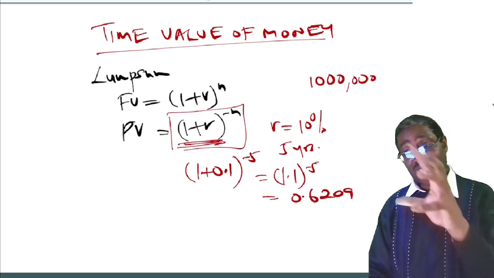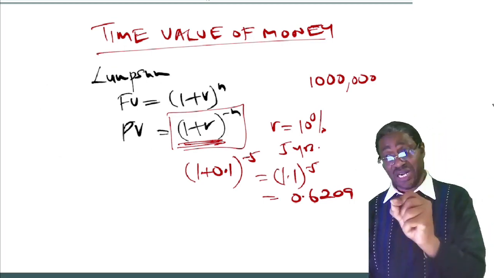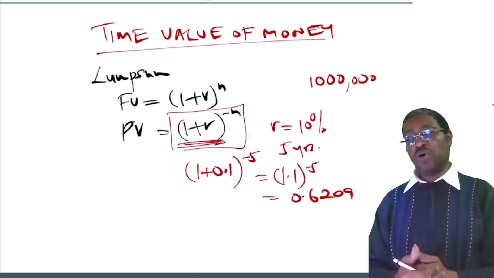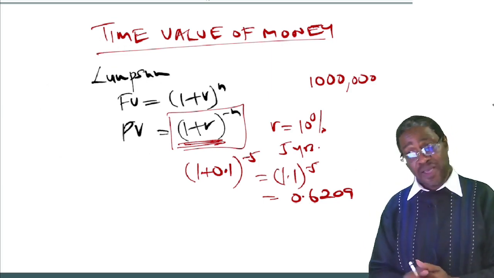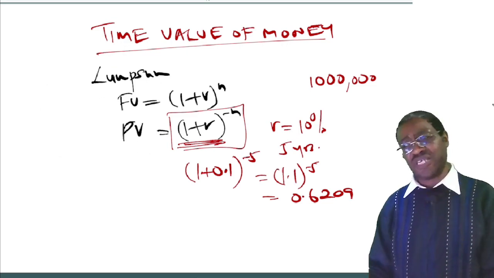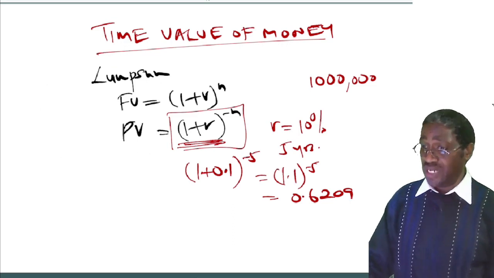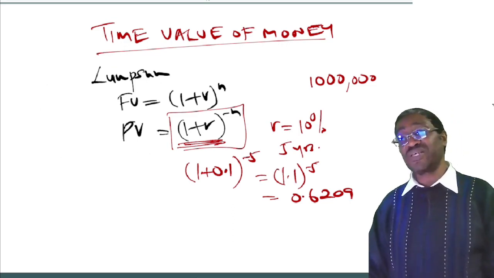That is if you are using your calculator to get the discounting factor of the present value. But if you are given the tables, you don't need to use your calculator. You can use your table to get the same factor.